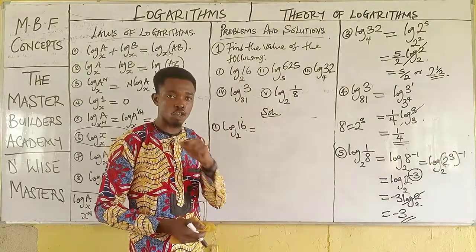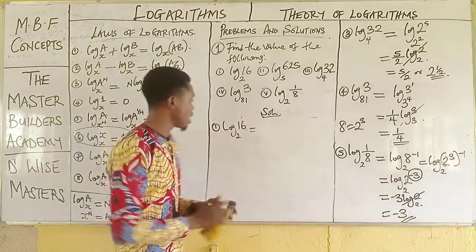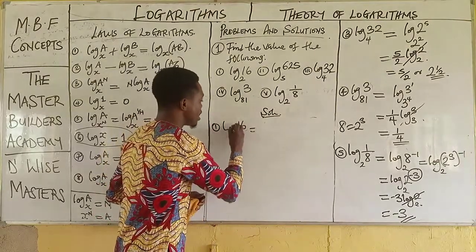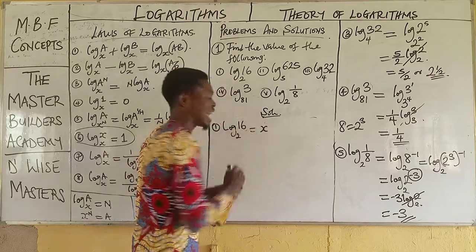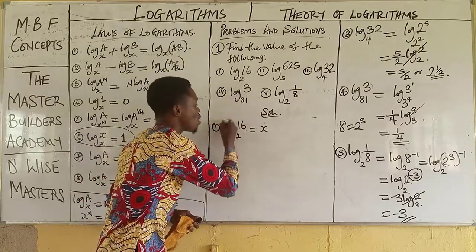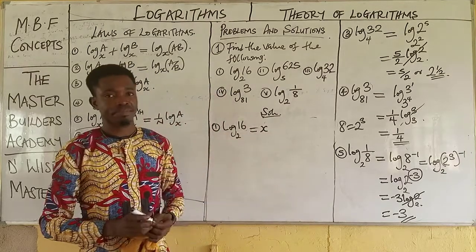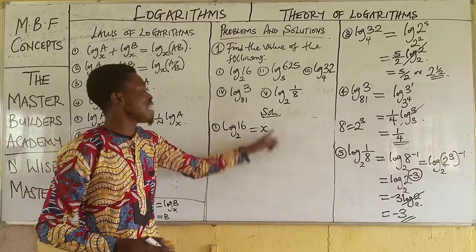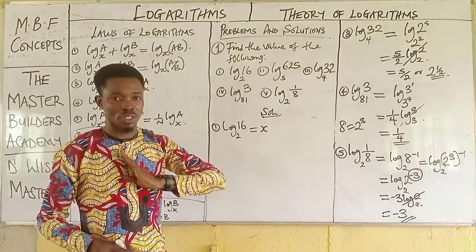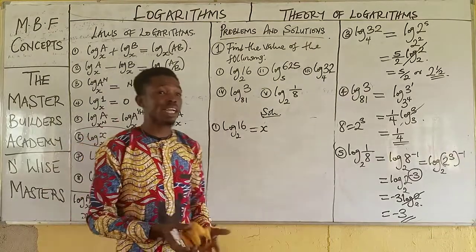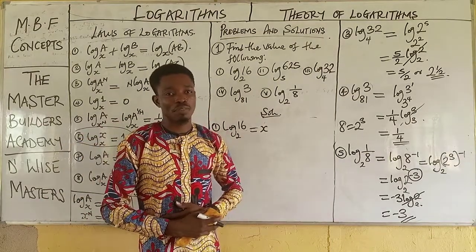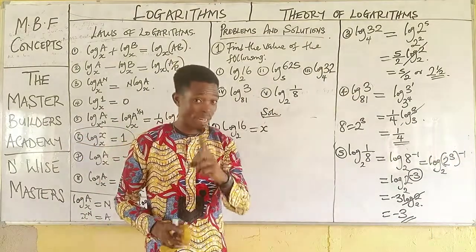For instance, we want to solve this using method 2, which is the equation method. All I need to do is to equate everything here to a letter. Let the value of this guy be x. So whatever I have as x would become the answer to this question. I don't know the value. Just the same way as when we're dealing with problems leading to linear equation. You remember that?